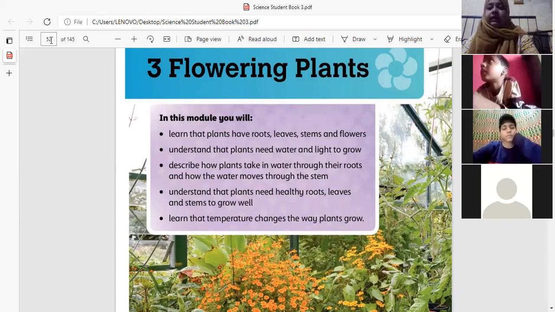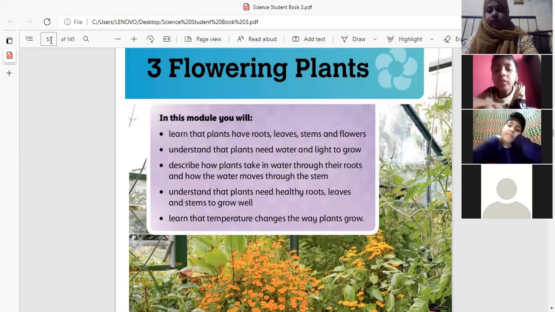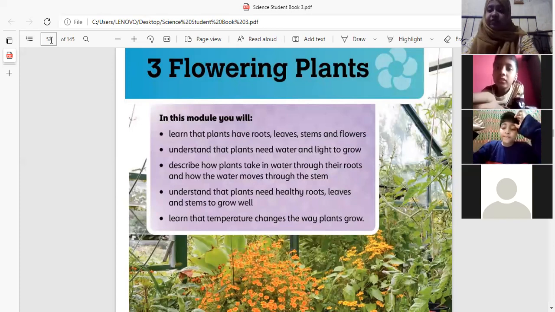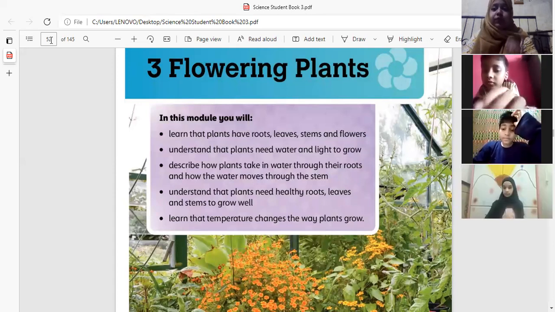Okay. What is the function of the stem? It helps the plant to stay straight. It gives balance. Very good. But there is one more important function.